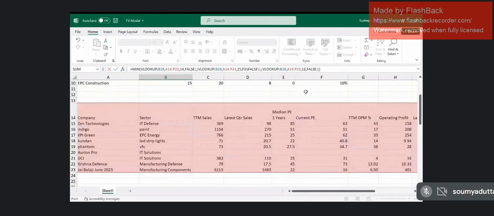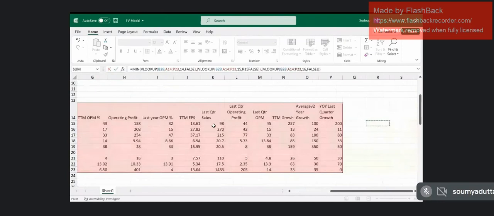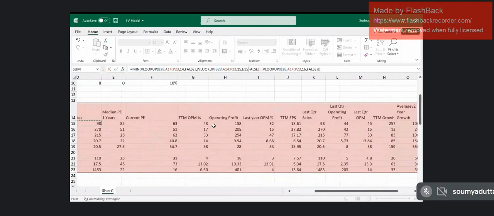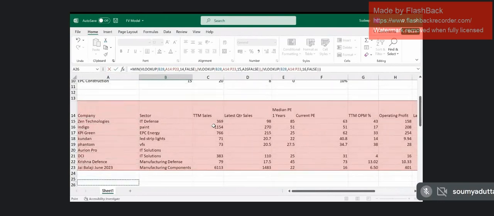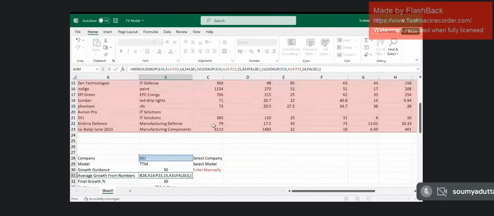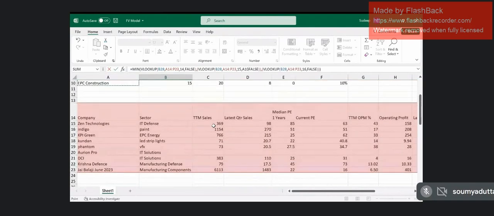All this data needs to be populated here. The latest quarter can get automatically populated, and every quarter it will be automatically updated. The only thing we need to input manually is the growth guidance which the company gives, plus the PE.